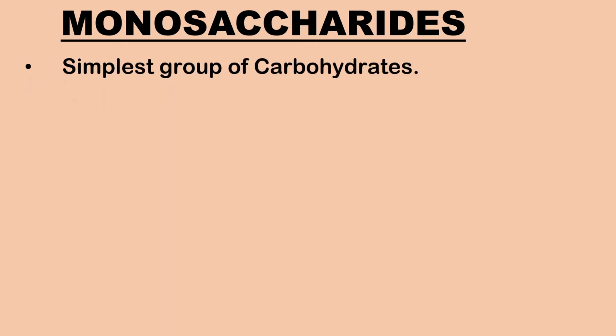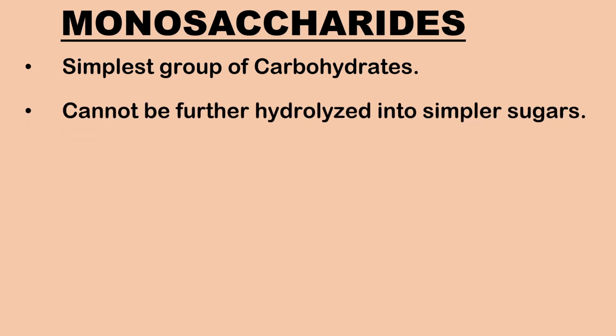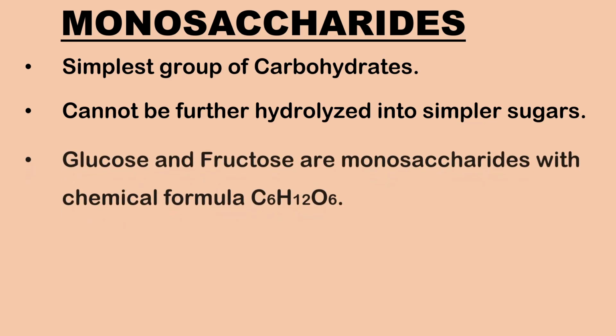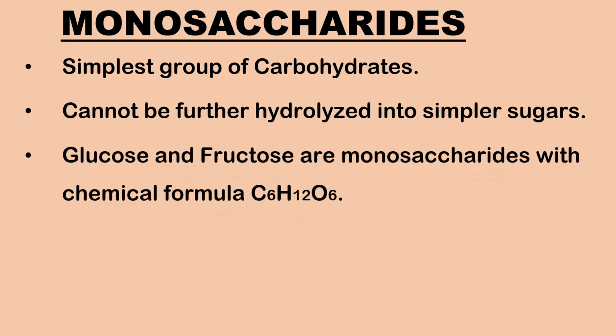Now, let us continue with carbohydrates. Monosaccharides are the simplest group of carbohydrates and cannot be further hydrolyzed into simpler sugars. Glucose and fructose are monosaccharides with chemical formula C6H12O6.